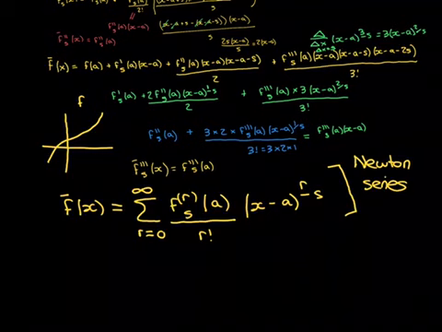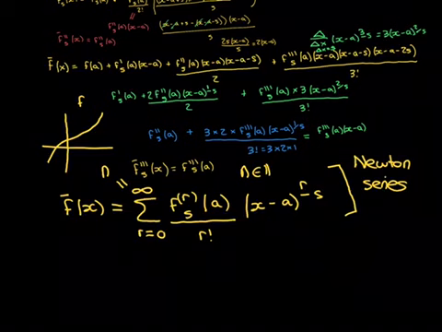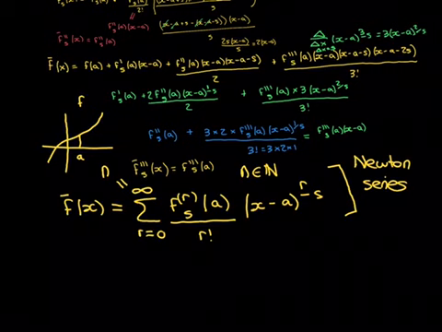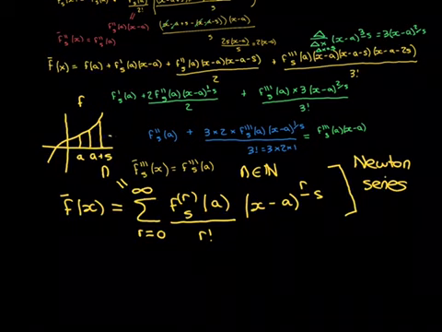So remember, if we imagine just putting in n here instead of infinity, where n is some natural number, then this approximation function has to be correct at the point a. It will then be correct at the point a plus s. It'll be correct at the point a plus 2s, and onwards all the way up until a plus ns.